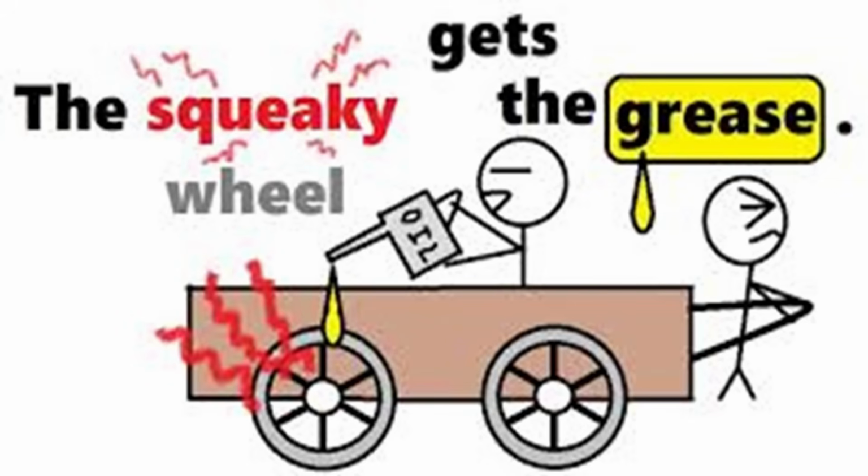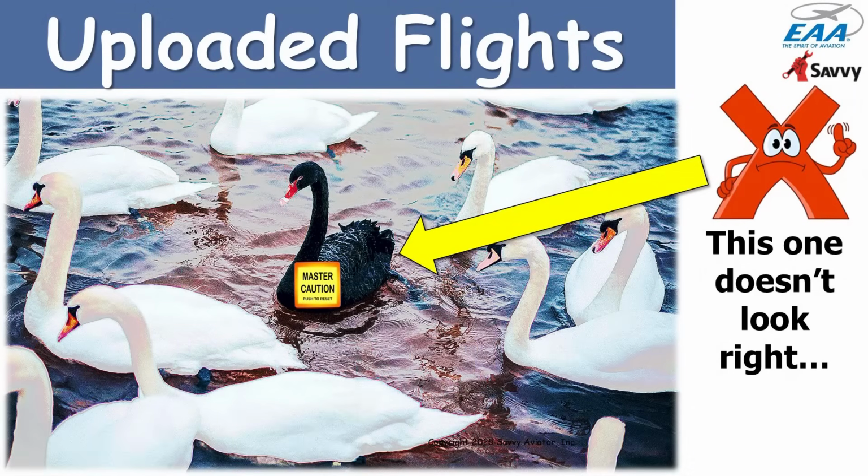So the idea of generalized anomaly detection is to look at a whole bunch of flights and try to identify any where something doesn't look right. And how do you do that?